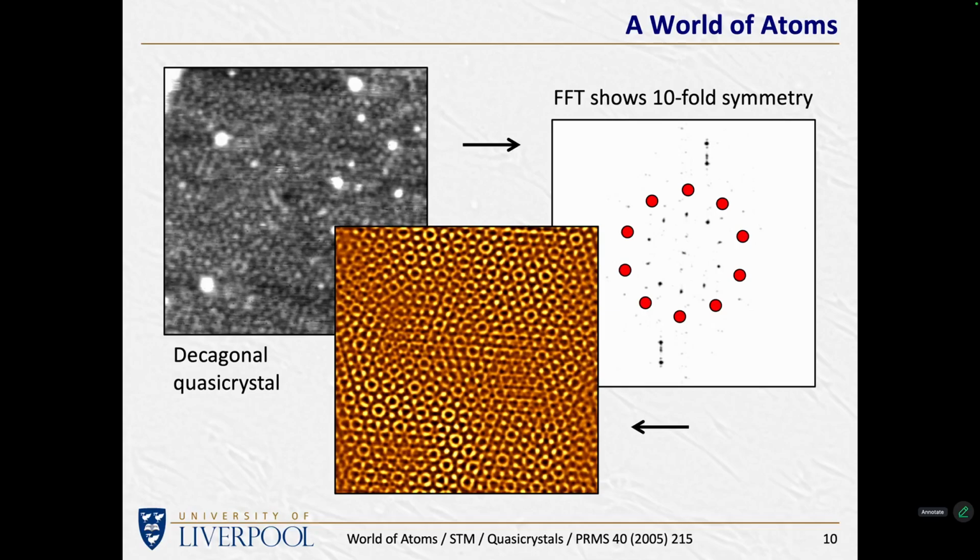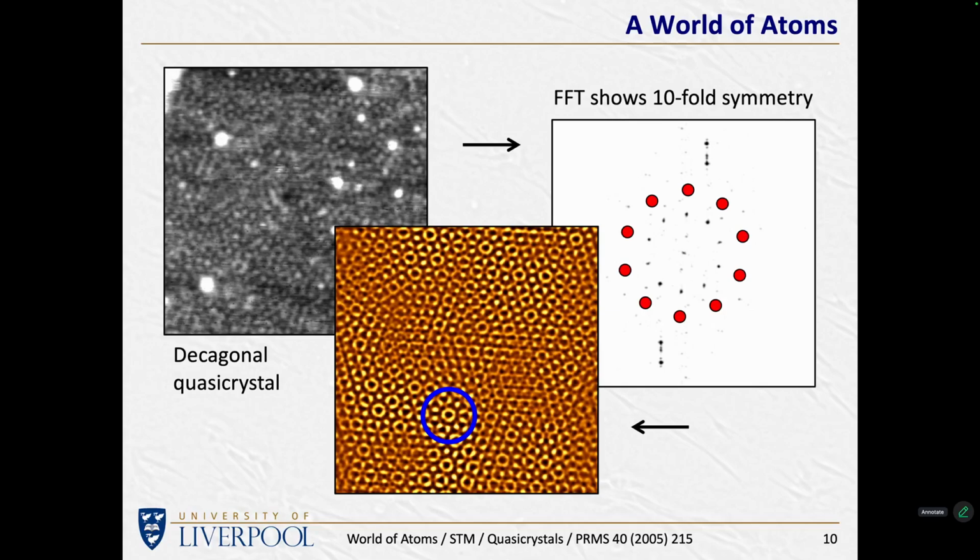And you might say to yourself, well, we've processed the image, but are we sure we're not kidding ourselves? Are we sure we're not actually doing something to that image and imposing something on the image that wasn't there in the first place? Well, that's a very valid question, and we can do a very quick double check. For instance, we can look at this feature here shown in the blue circle. That looks like a 10-fold sunflower, if you like, a 10-petaled sunflower.